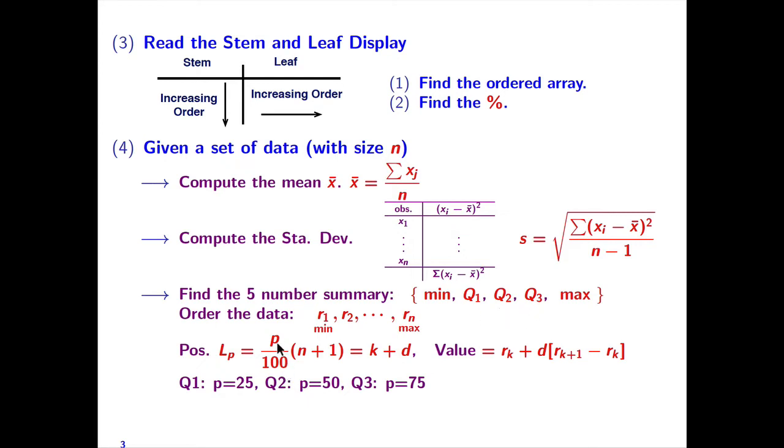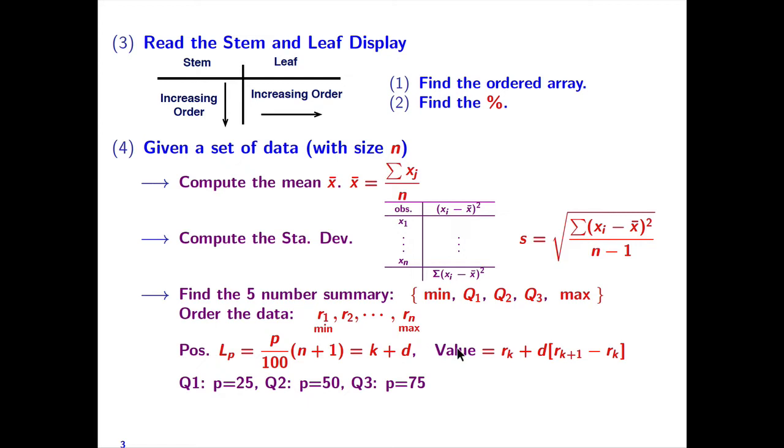Now, to find Q1, Q2, Q3, you're going to have 2 concepts. One is the position, and the other one is the value. So you use P over 100 times n plus 1 to find the position, and this value we divide into the integer part and the decimal part.